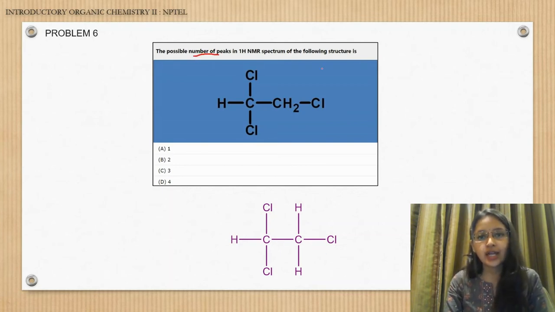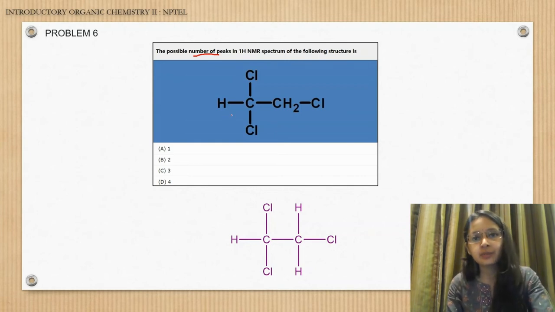As we know, the number of peaks is directly related to the number of hydrogens that are chemically different in a particular compound. So here we just have to think how many chemically different protons are there in the system. If we figure out this, then we can surely tell how many peaks the compound is going to give in HNMR.